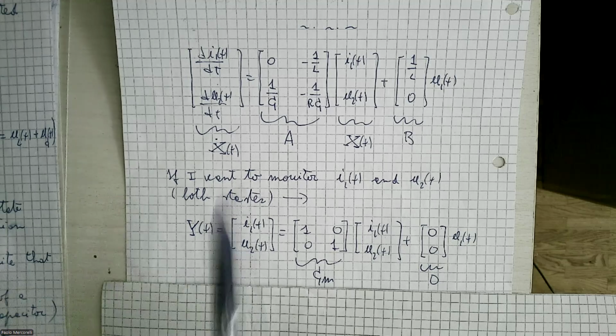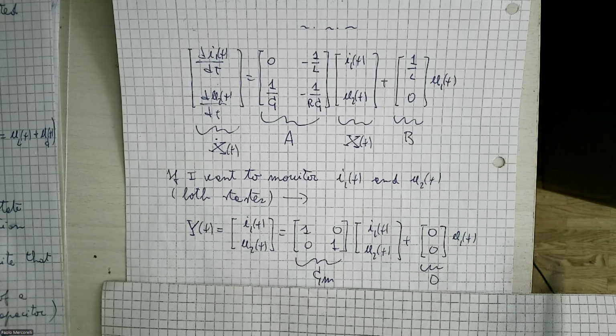Probably I didn't propose until now the two states, I1 and U2. Remember what UL and I1, UL and U2 and vice versa. I made mistakes at the beginning, but this is clear. For I1 and U2, in this case C is the identity matrix and D is 0, because we don't need any D when we have the state, because the state is directly the energy somehow, no?